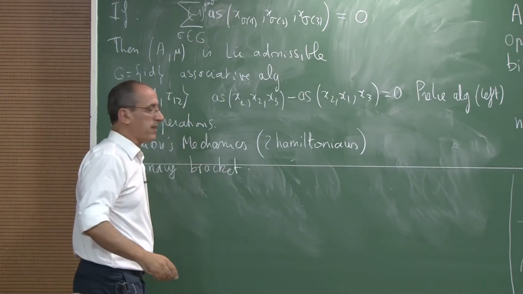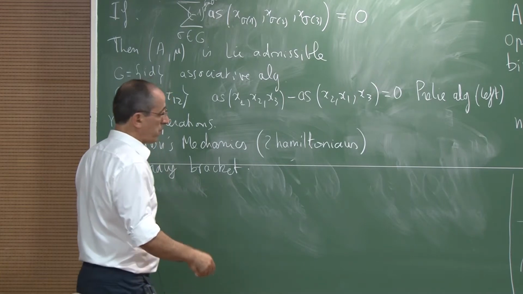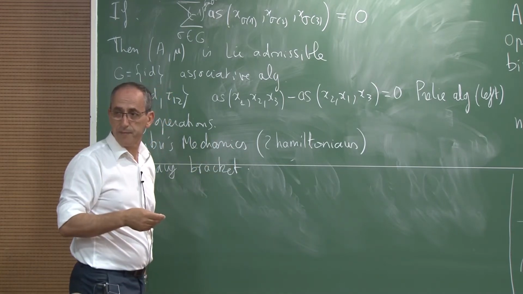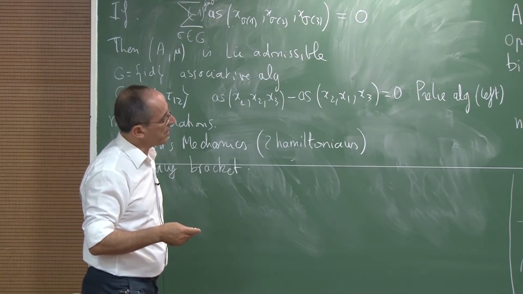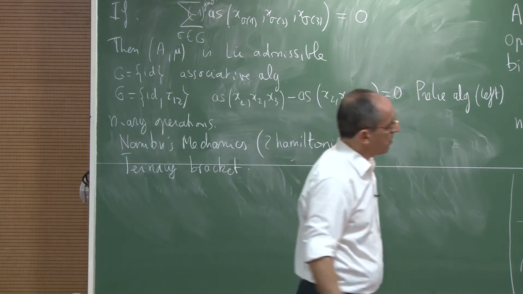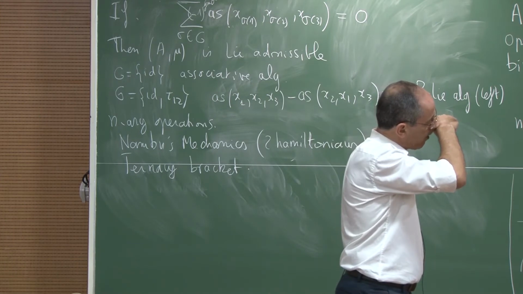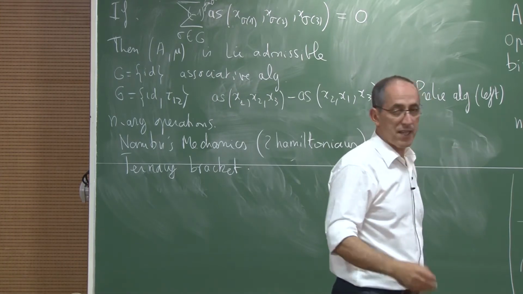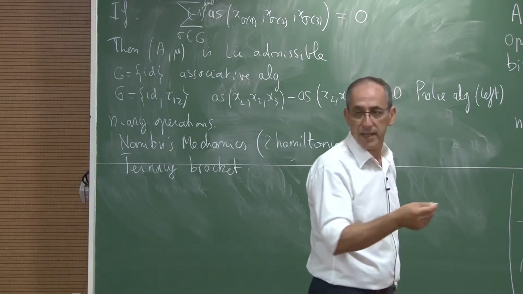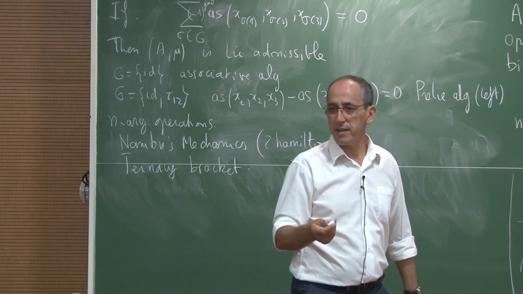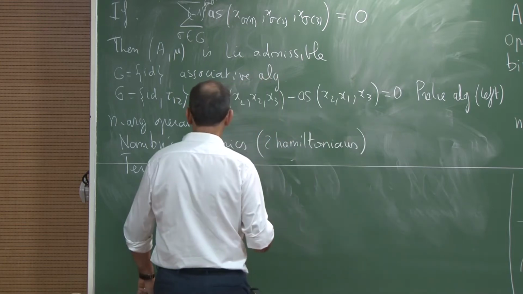A ternary bracket, and what will be the Jacobi condition? The Jacobi condition that I mentioned here, you can also view it as saying that the adjoint action is a derivation, and you can do the same here.